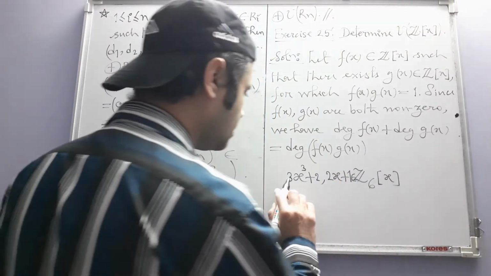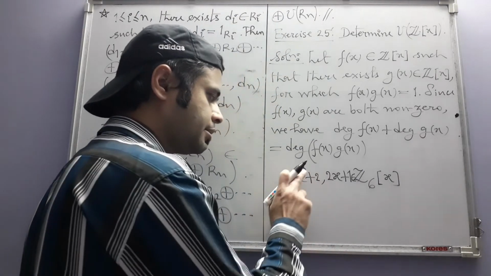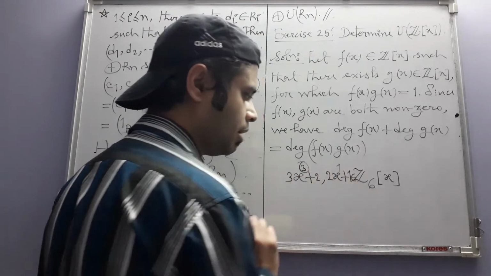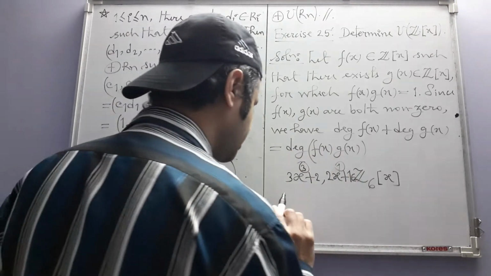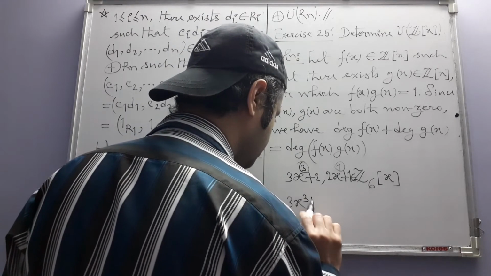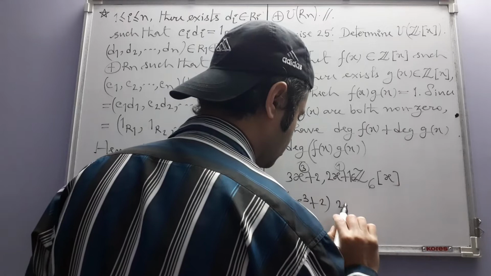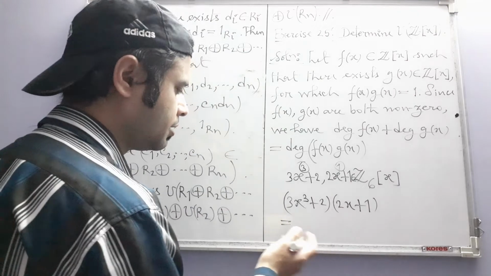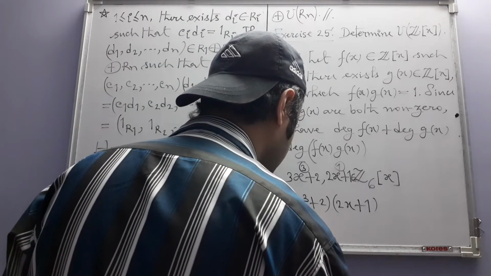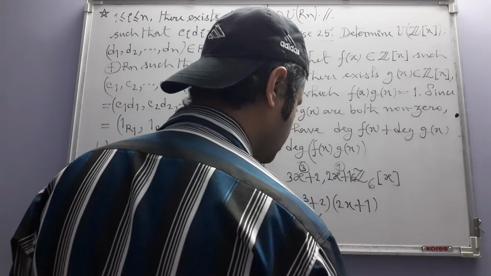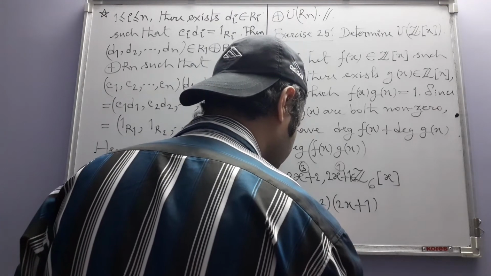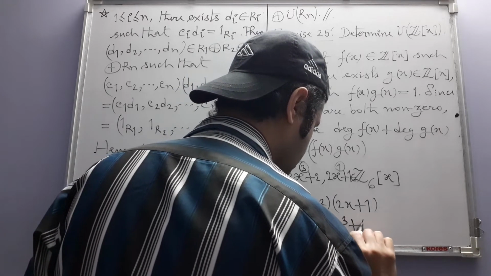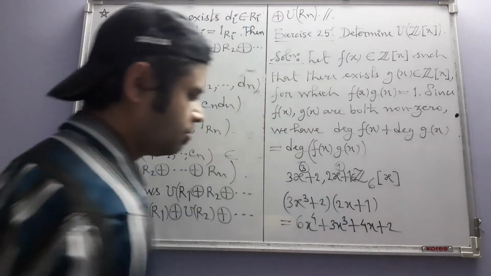Now the first polynomial has degree 3, the second polynomial has degree 1. But if we take their product, what do we get? If we first just simply perform the multiplication, we get 6x to the power 4 plus 3x cubed plus 4x plus 2.